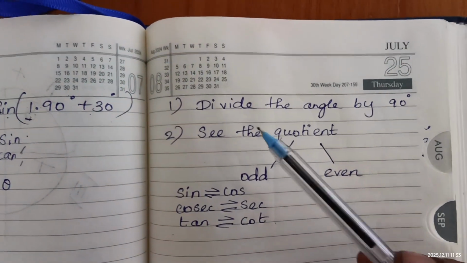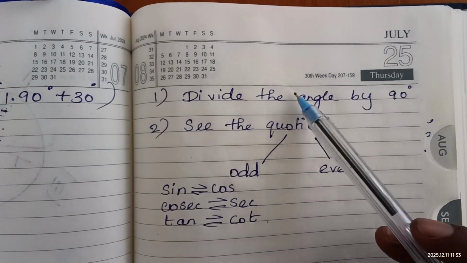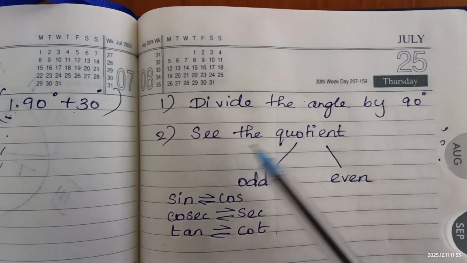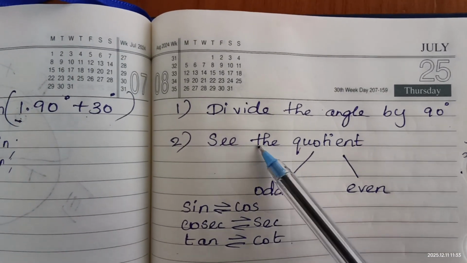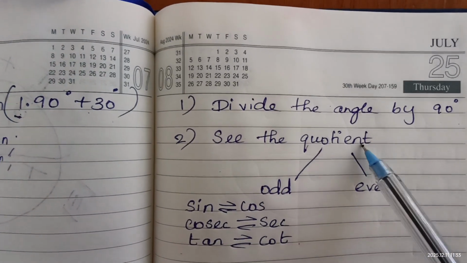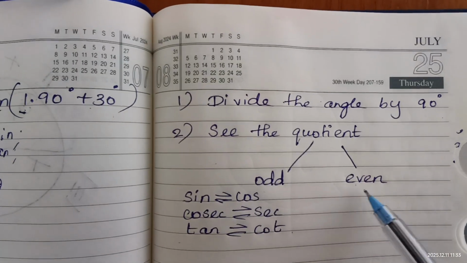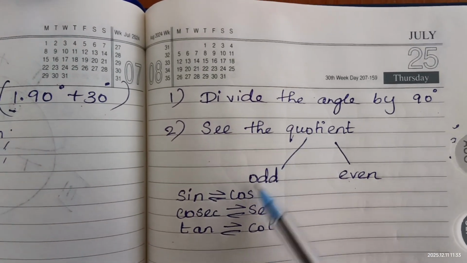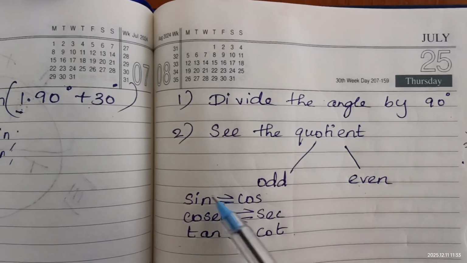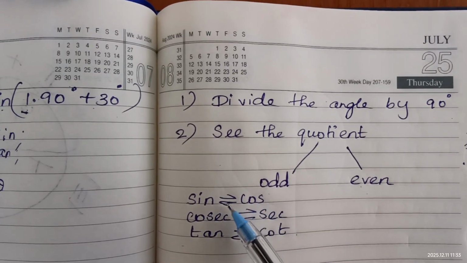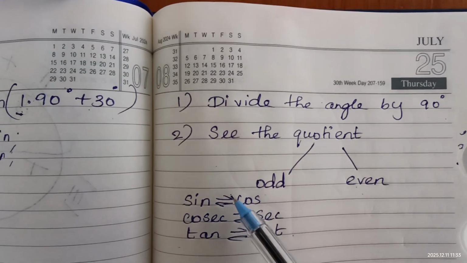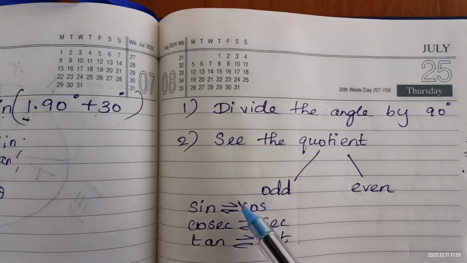Good. The first step is divide the angle by 90 degree, and the second step we have to see the quotient. In this quotient we have two types. One is odd, another one is even. If the quotient is odd, sine changes to cos and cos changes to sine. That's what I have given this arrow mark.